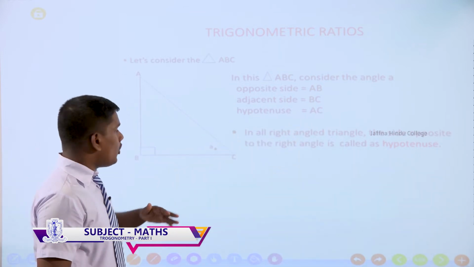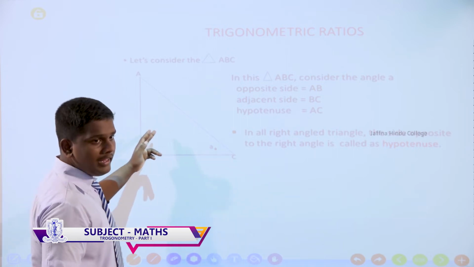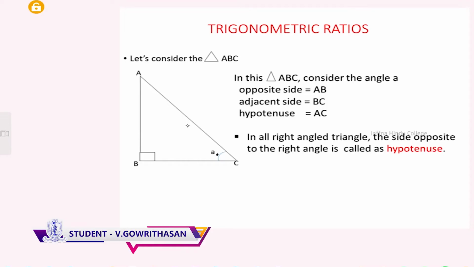Then find the opposite side of the angle A. The opposite side of the angle A is AB. And the adjacent side means the closest side. The closest side of the angle A will be BC or AC, but we already put AC as the hypotenuse, so the adjacent side is BC.